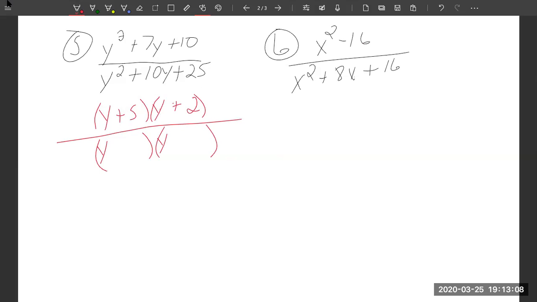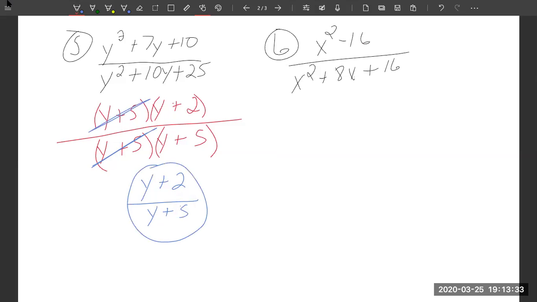Bottom, the factors of 25 that add up to be 10 are 5 and 5. Now, notice in the top, there's a y plus 5, and in the bottom, there's a y plus 5. You cross those out, what you're left with, the 2y plus 2 up top and the y plus 5 in the bottom, that's your final answer.